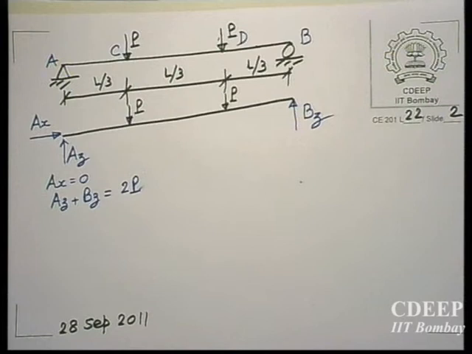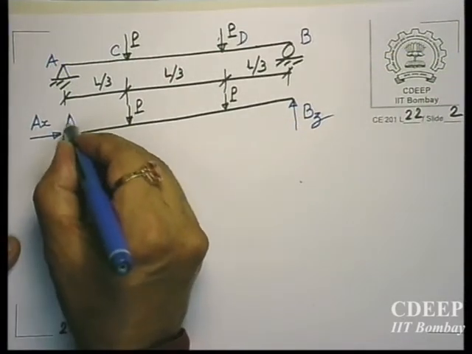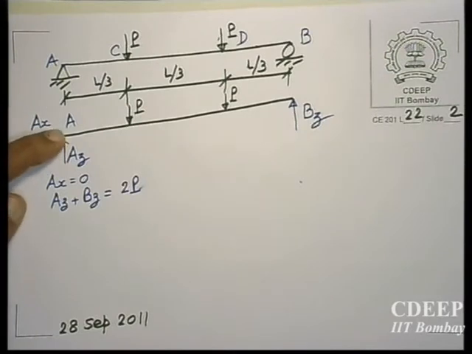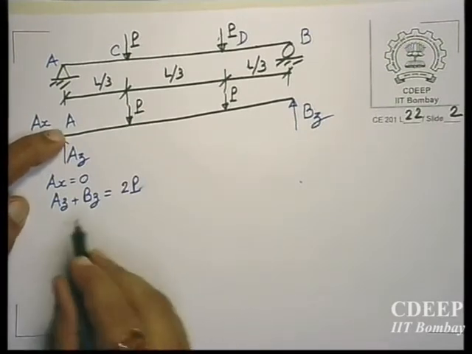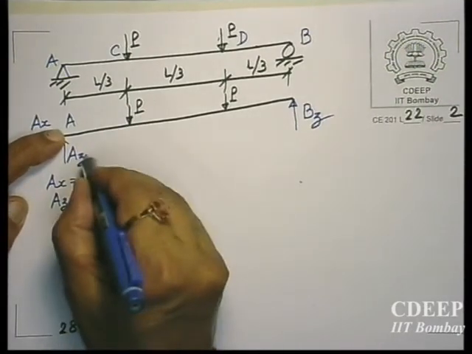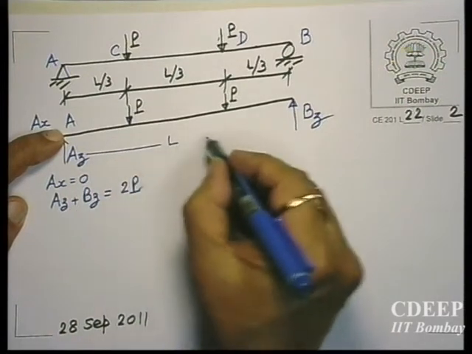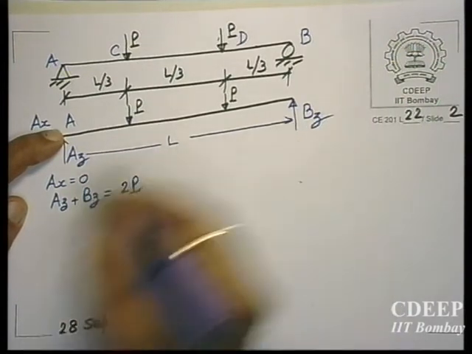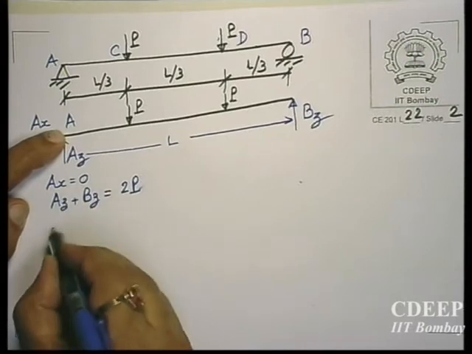How to get them? Let us take moment about point A. If you take moment of all forces, the span is L in total.